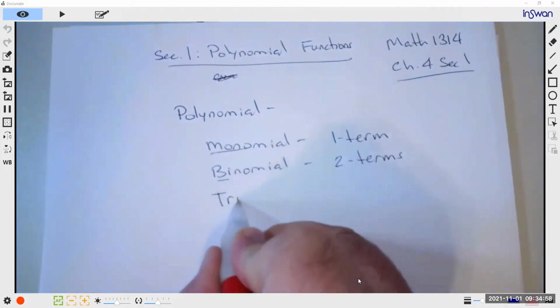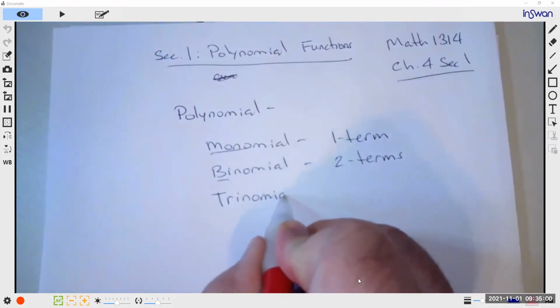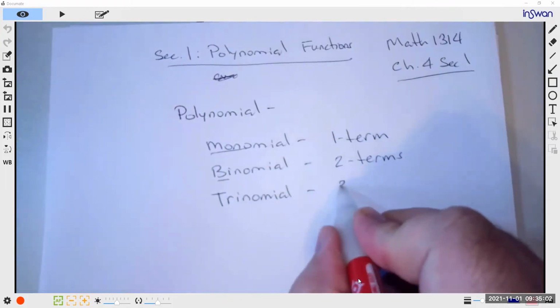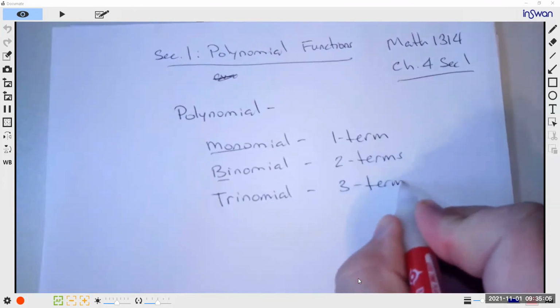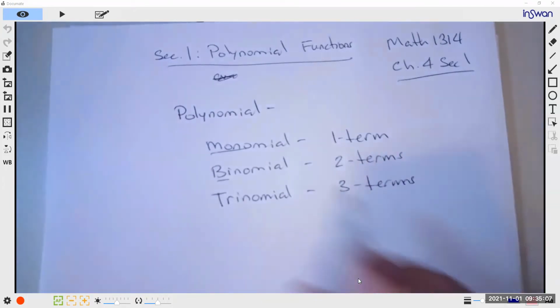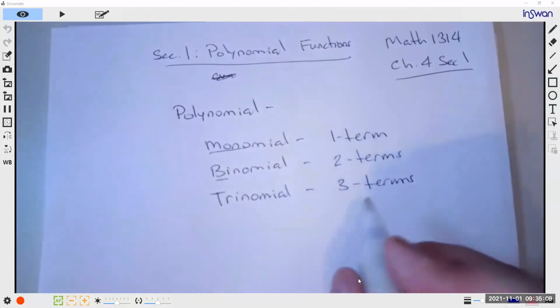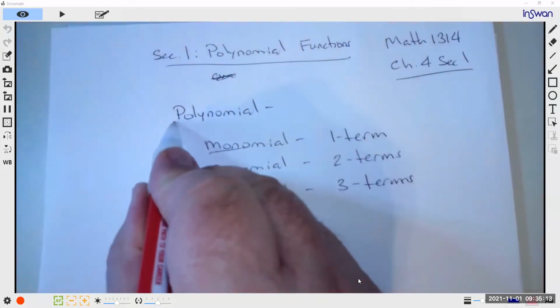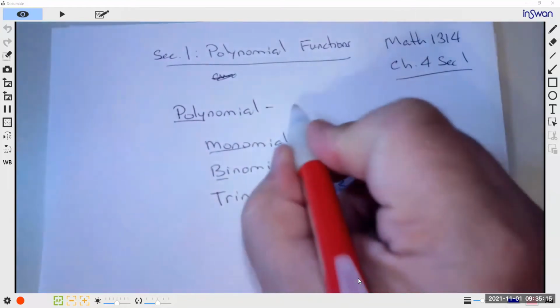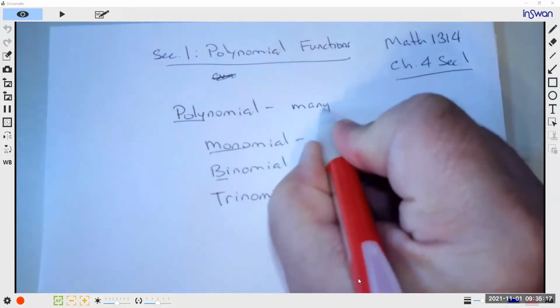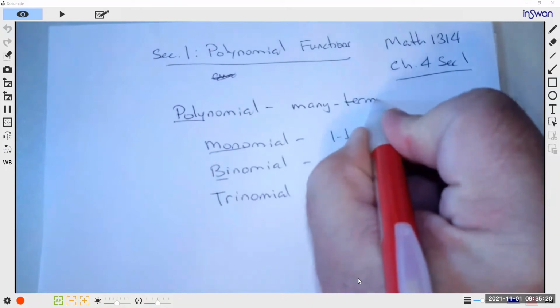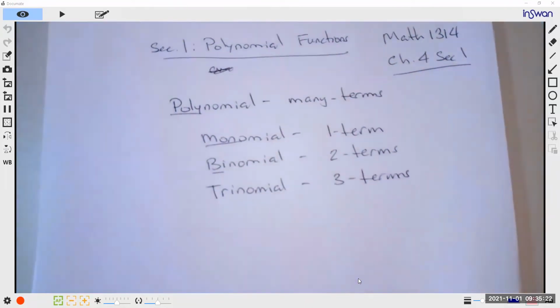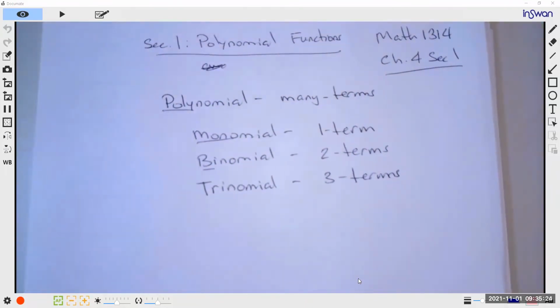A trinomial is an equation with three terms, and so on and so forth. A fourth has four terms, a quadrinomial. So a polynomial has many terms. So in this chapter, we're no longer limited to how many terms we have in our equation.